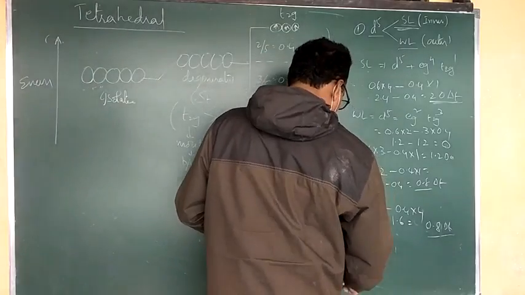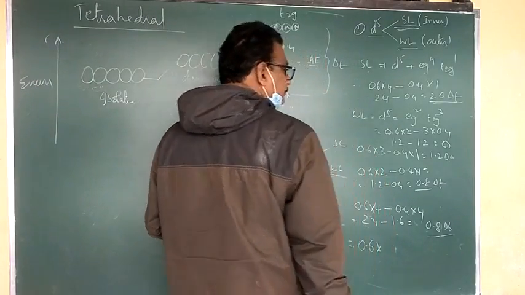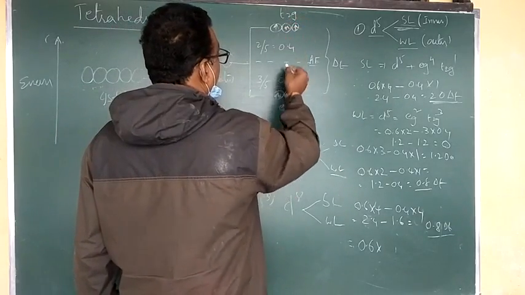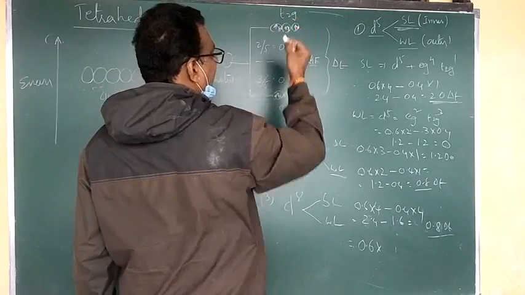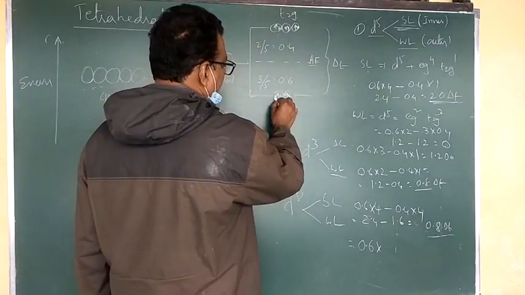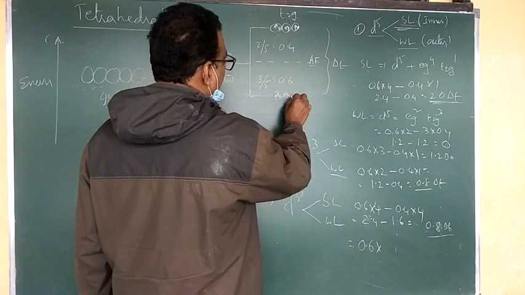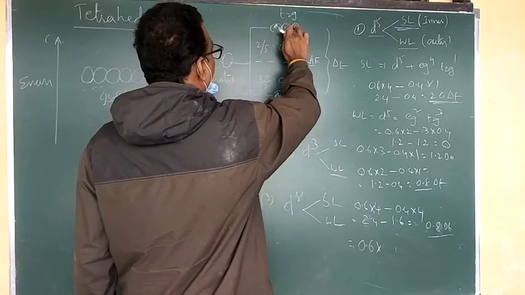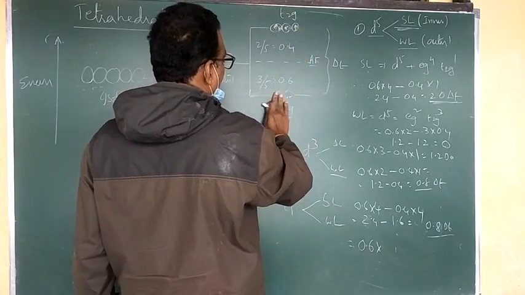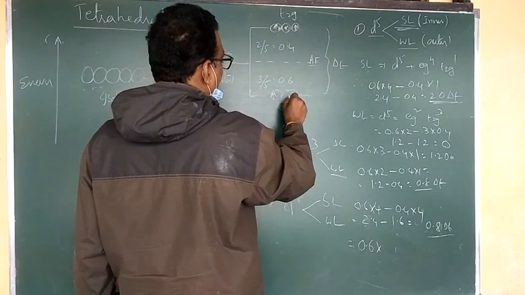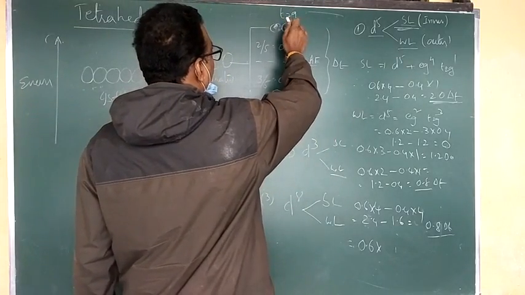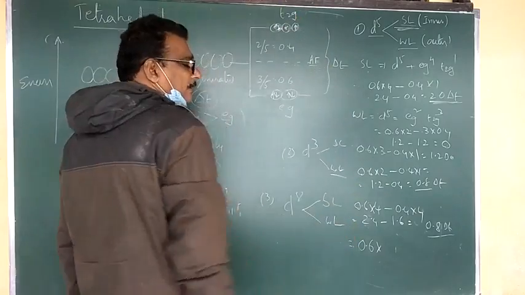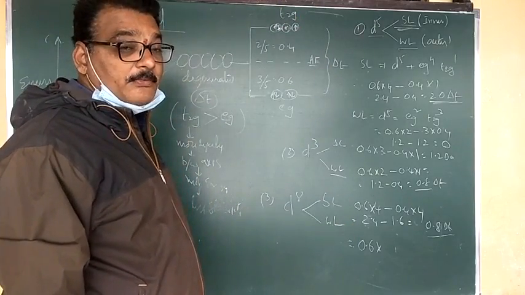Next, the weak ligand, with 0.6 into, okay, d8 system. First 2 electrons, next 3, 4, 5, 6, 7, 8. So in the d8 system, here 4 electrons, and in T2g 4 electrons, 1st electron, 2nd, 3rd, 4th, 5th, 6th, 7th, 8th electron. 8 electrons are filled by the weak field ligand.